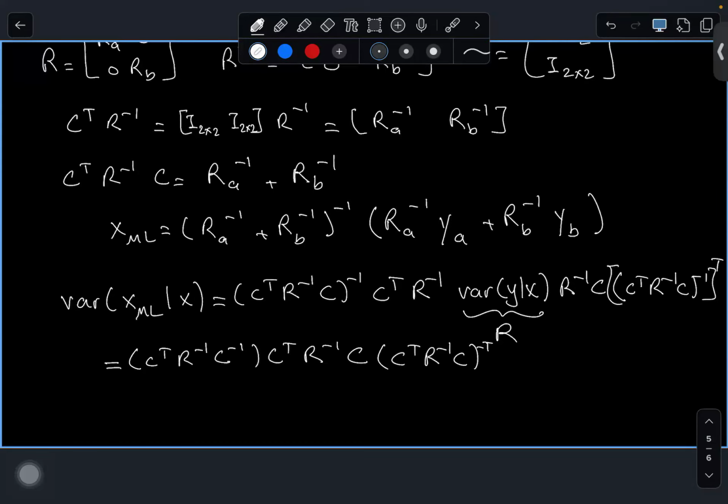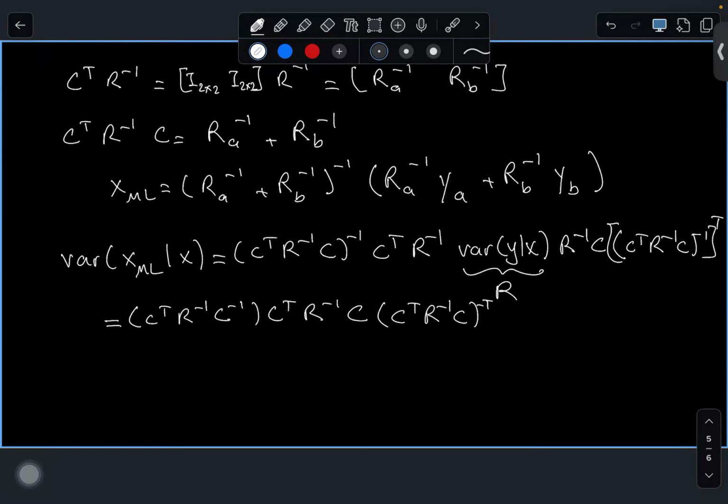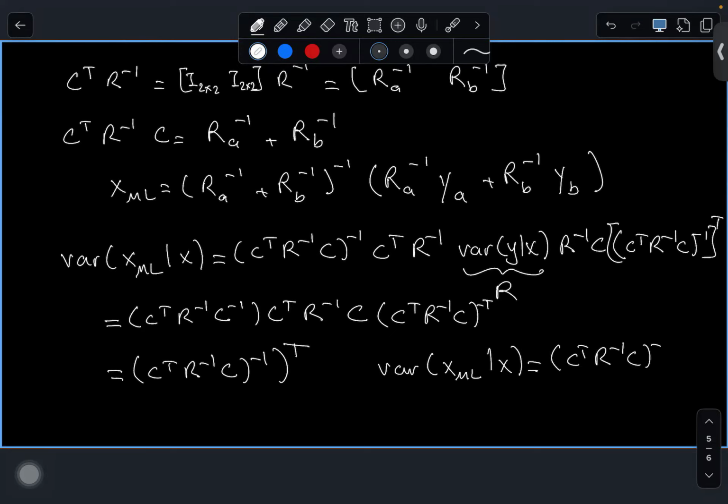Okay, so the first two terms cancel, I get C transpose R minus 1 C minus 1 transpose of this. So the variance is a symmetric matrix, so we can get rid of the transpose. So then I get variance of my maximum likelihood estimate given X is C transpose R minus 1 C minus 1.